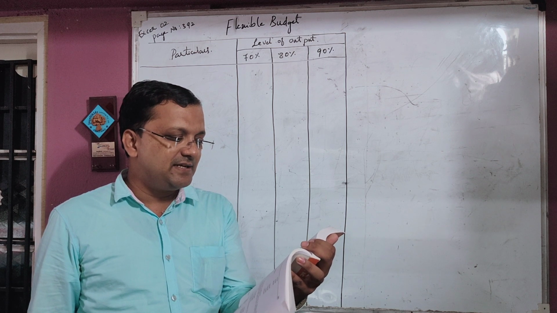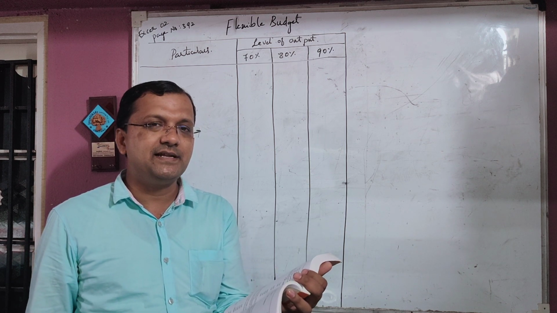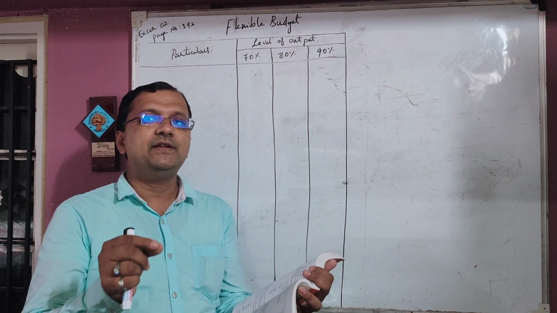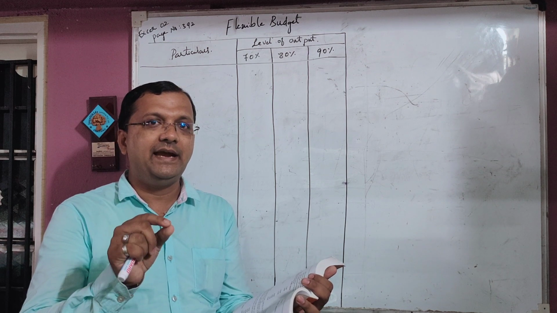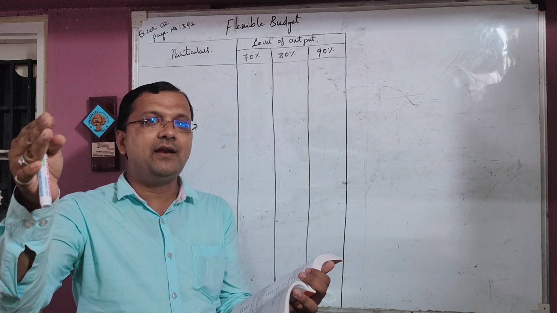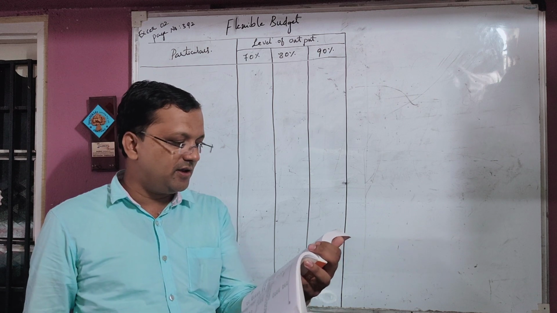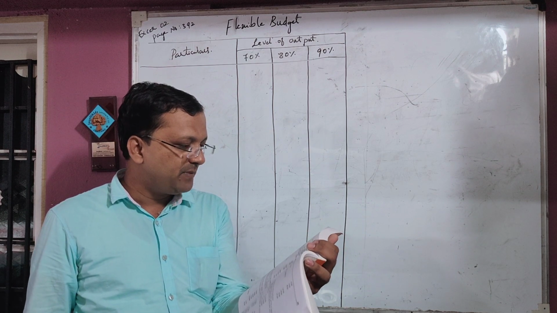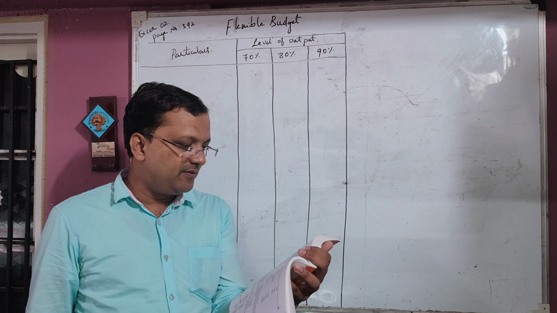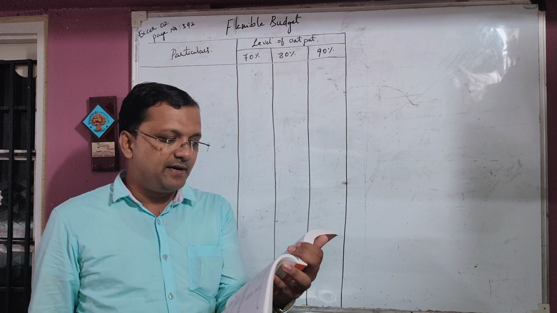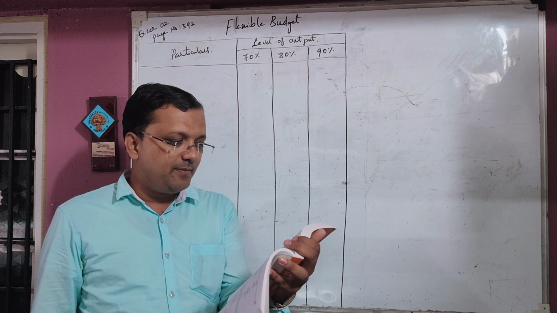The given percentage is in the heading: at 80% capacity, which means all the expenditure in the problem is given for 80%. You need to calculate the different percentages asked in the examination. Variable overhead: first they have given indirect labor, indirect material, then semi-variable overhead.